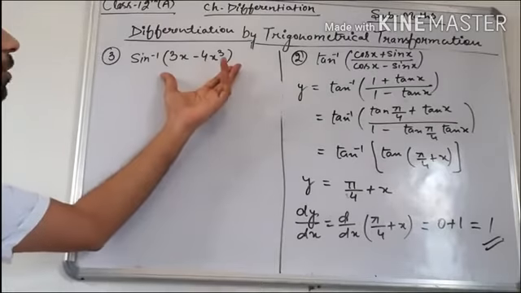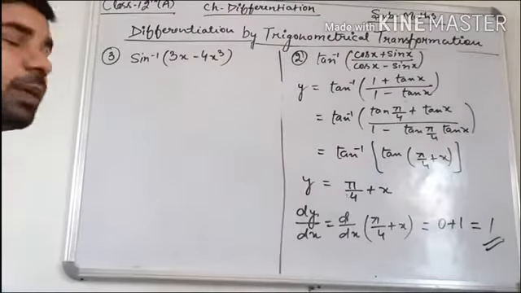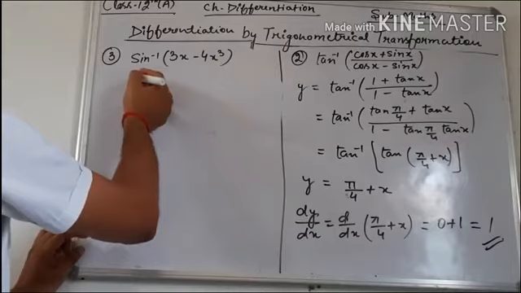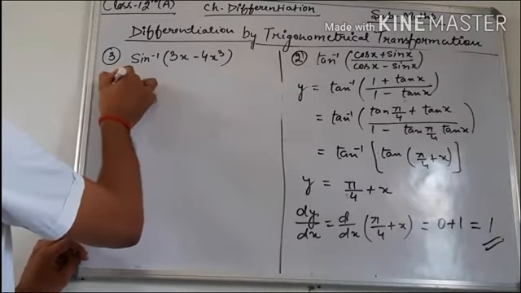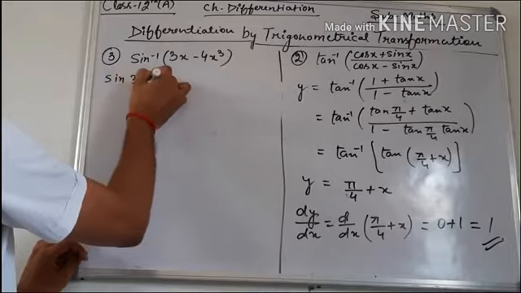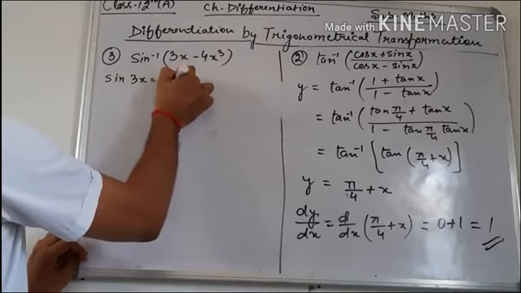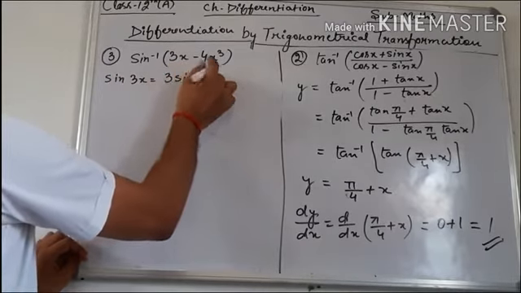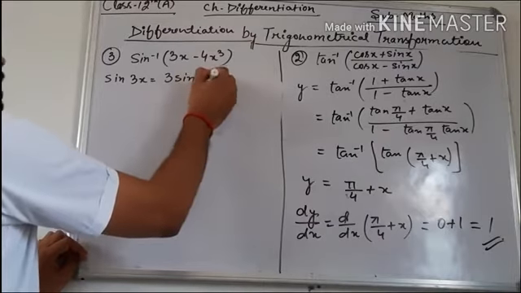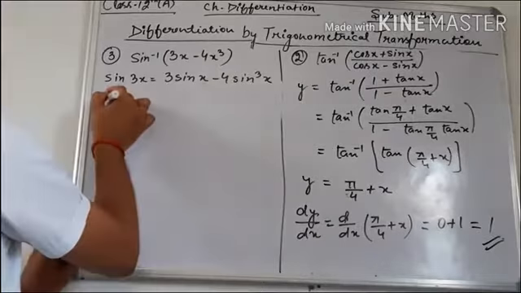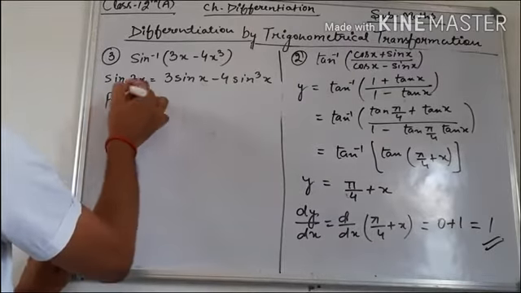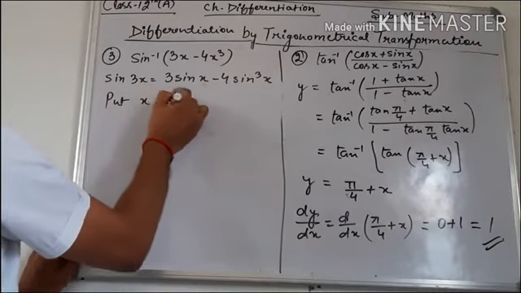Is there any result of this type? Yes, we have a result: sin 3x is equals to 3 sin x minus 4 sin cube x. So we will put x equals sin theta.